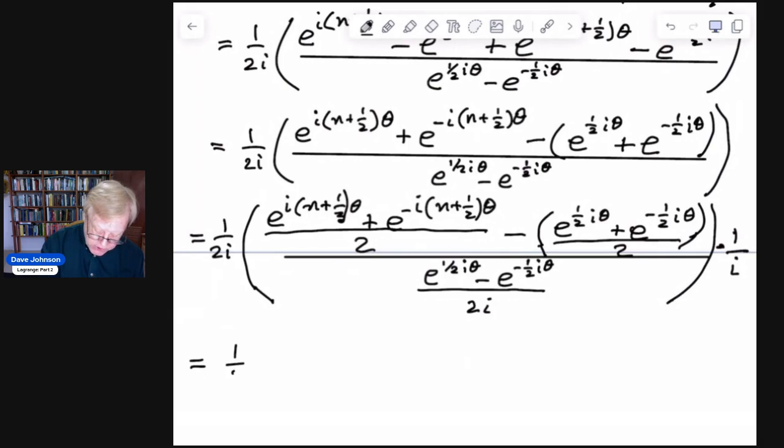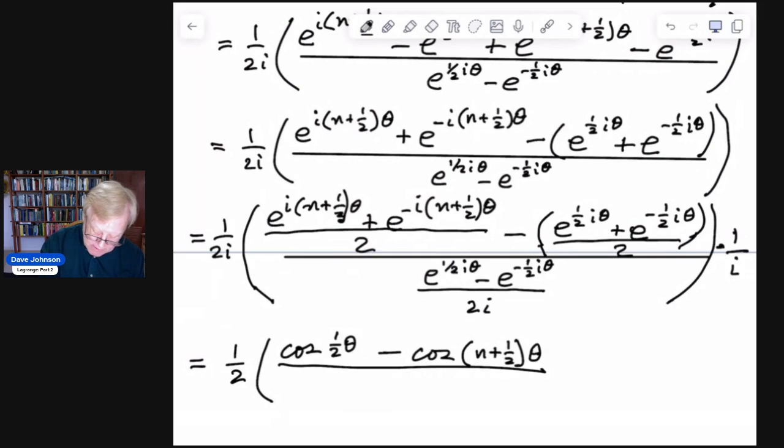So I get 1 over 2 times, and then I'm going to write this term first. What is that? Well, it's a cosine of 1/2 theta, and then minus, and then this term, which is cosine of n plus 1/2 times theta, and then divide by the sine of 1/2 theta.